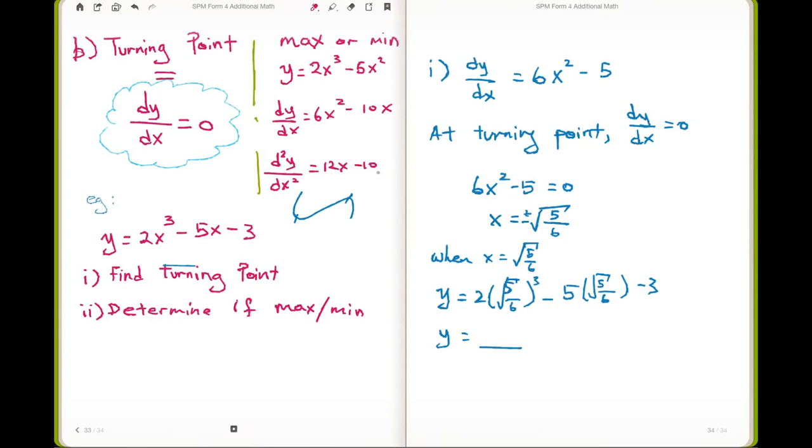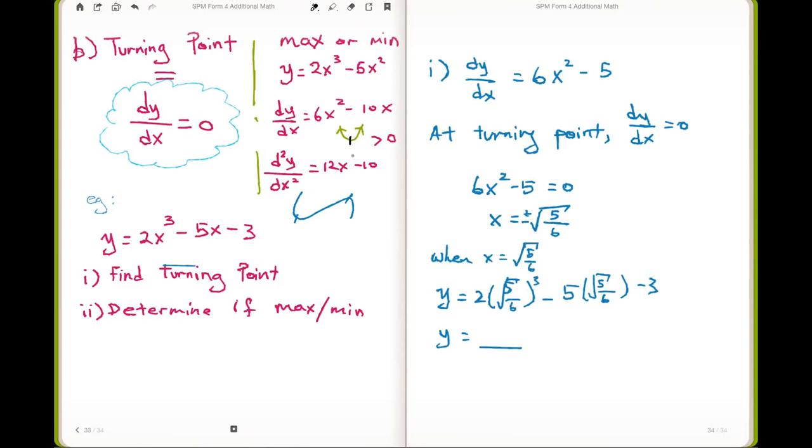If the value is greater than 0, it would be a U-curve pointing upwards, which is positive, and therefore you will get a minimum point. So you will know that point is a minimum.